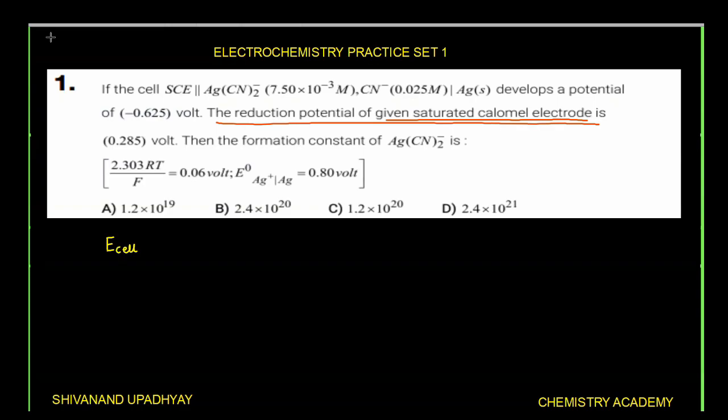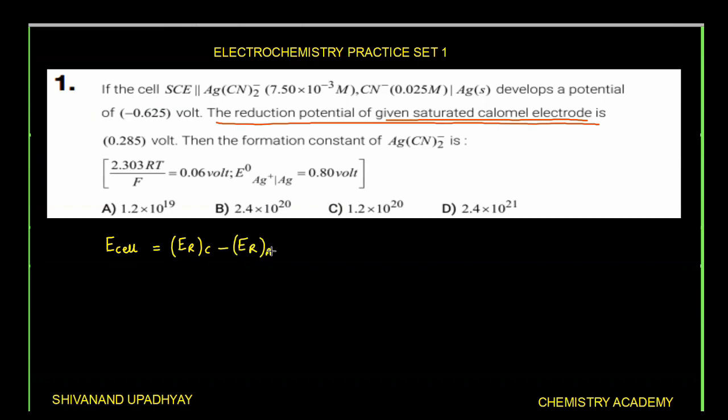Because of this information I am writing that EMF of the cell can be written as E reduction of cathode minus E reduction of anode. I'm not writing E naught, I am writing E cell, so naught is not there.